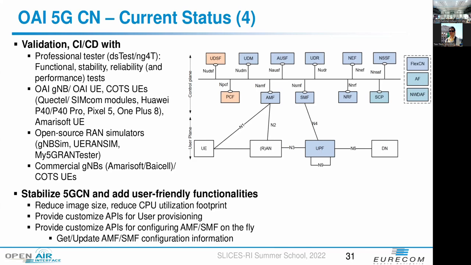For example, you can now have the API for the user provisioning. It's easy. And then you also have the API to update the AMF SMF configuration on the fly. I will show you in the video. So that the AMF can be configured to belong to a specific slice on the fly.